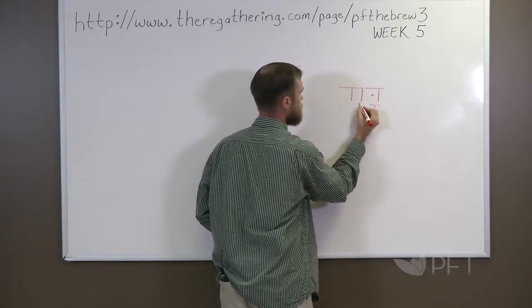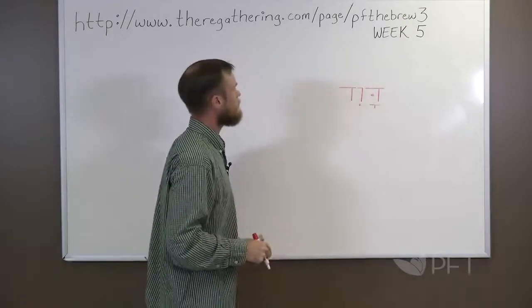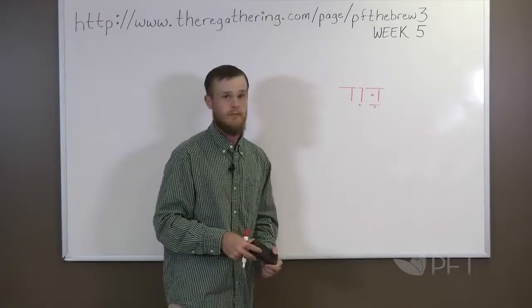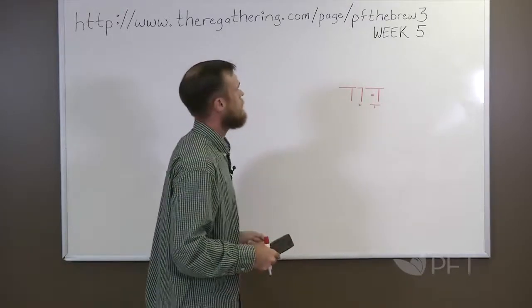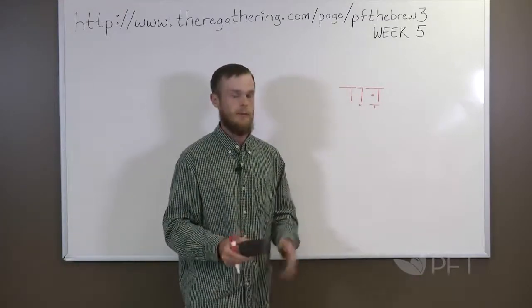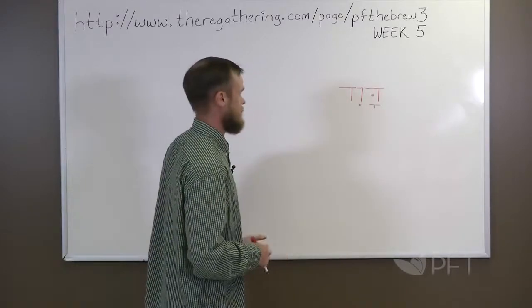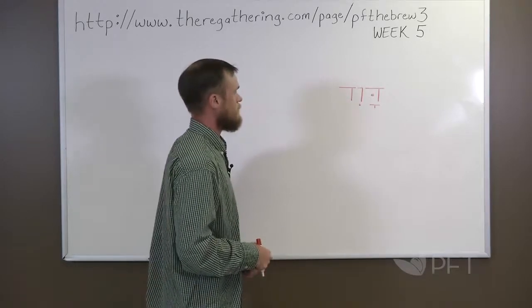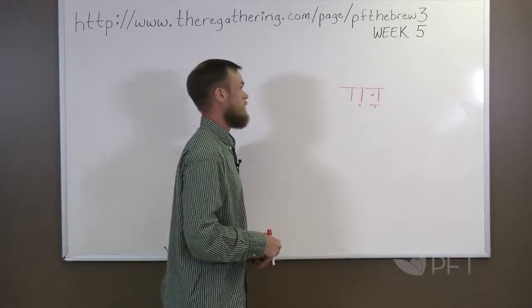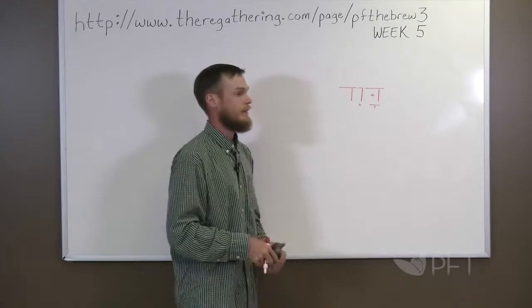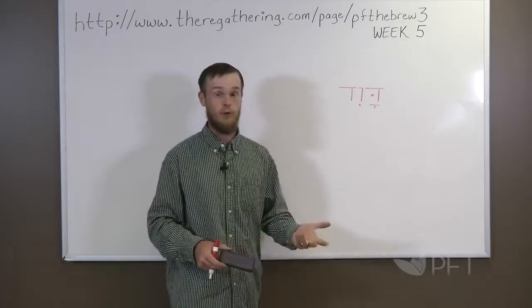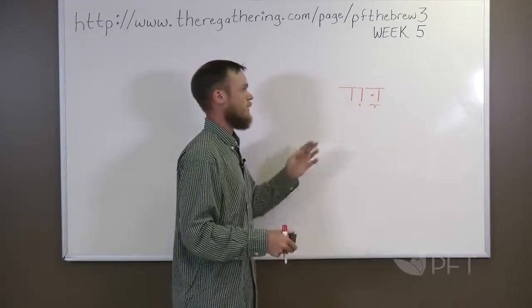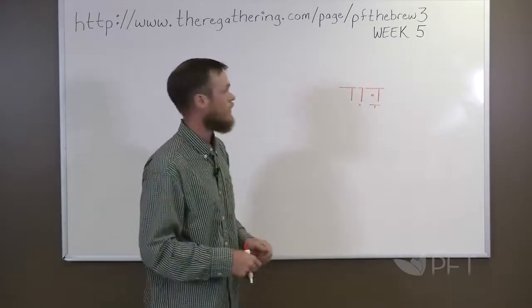David is masculine and singular. Kept is past tense, it's completed action. He kept the commandments. So we know we need masculine and singular. Which person do we need? Well, we're talking about David, not to him, and we're not David ourselves in this sentence. So we're talking about him, so he's third person.